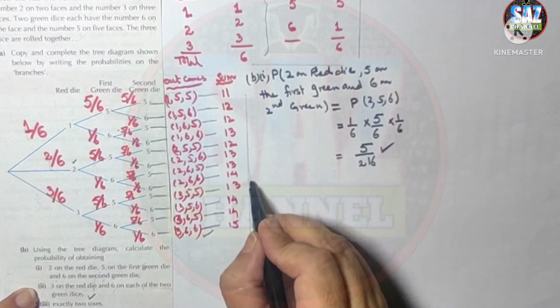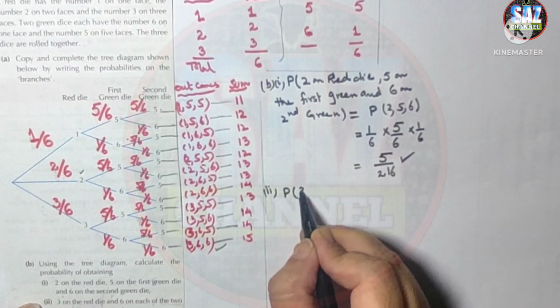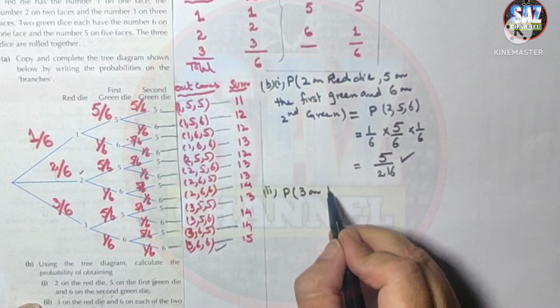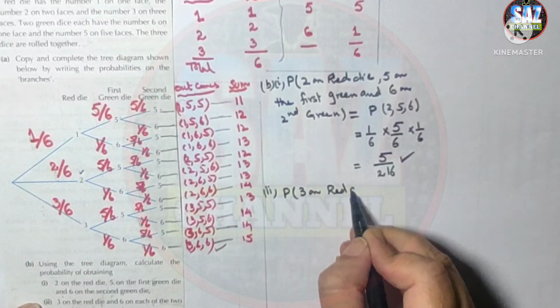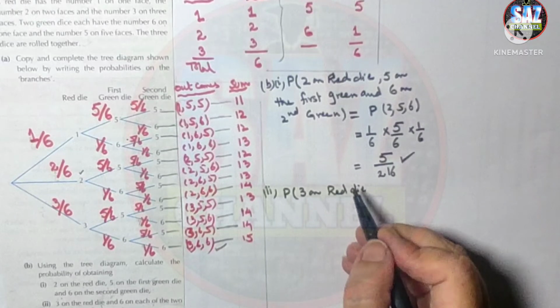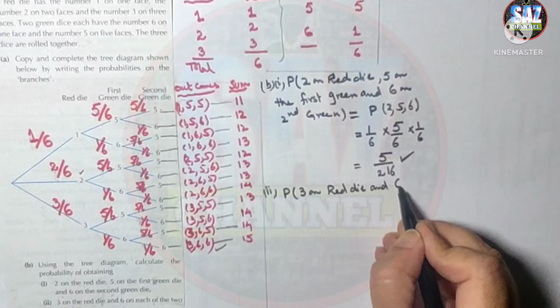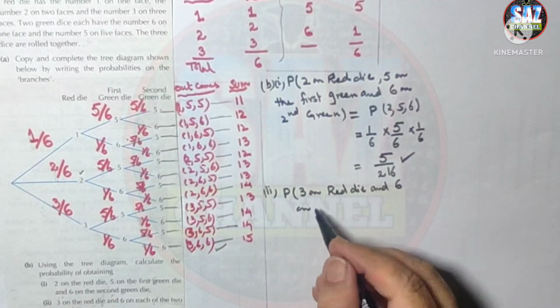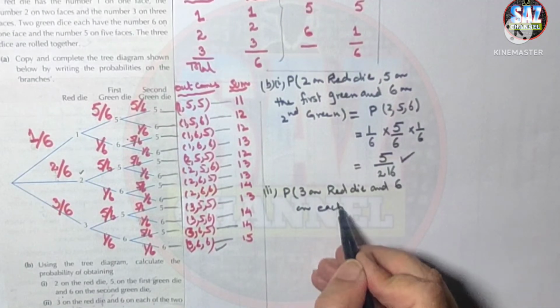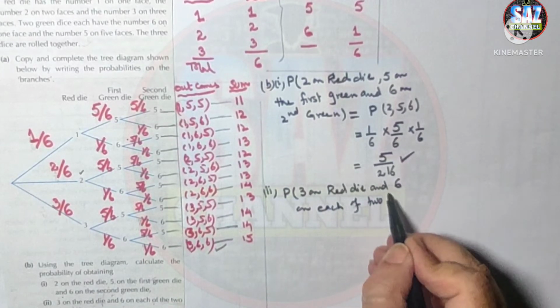So the second part is the probability of 3 on the red dice and 6 on each of the 2 green dice.